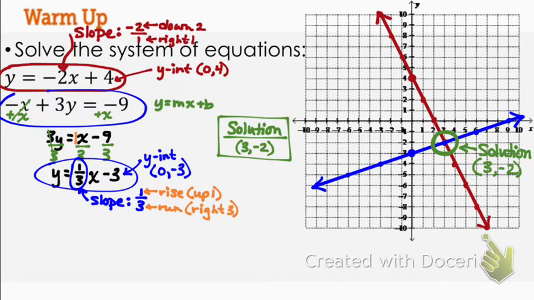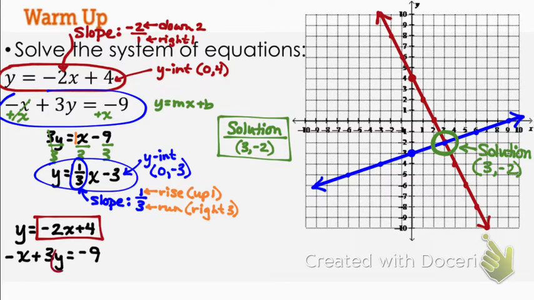Let's check that using solving by substitution. That's what we learned on Friday. When we solve using substitution, I need one of my equations solved for a variable. I'm going to go back and look at these original equations. y equals negative 2x plus 4, negative x plus 3y equals negative 9. This top equation is solved for y.